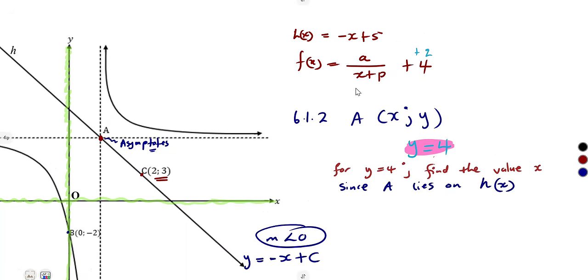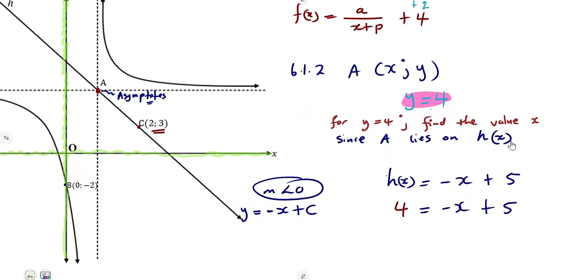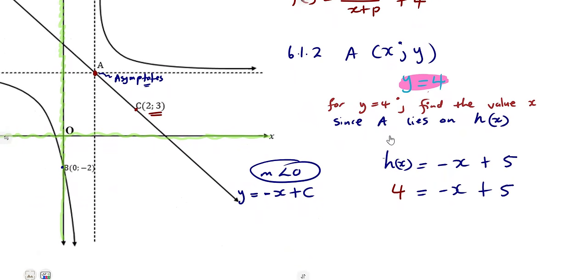So we can take that equation for h(x), which was given as minus x plus 5, on a condition that y is equal to 4. When our y is equal to 4, what will be the value of x? Since we have the A which lies on h(x).